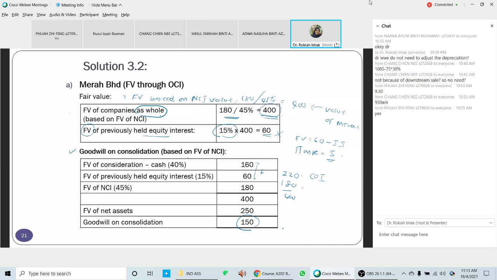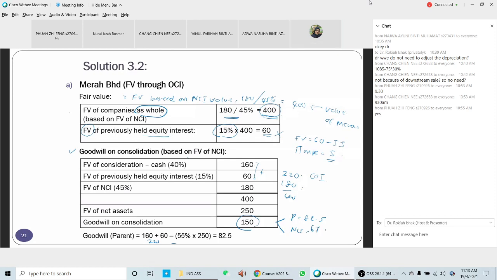From the 150 here, you're going to allocate the goodwill for the parent and also the goodwill for the NCI. For the parent, you have 220 minus the net identifiable asset, 55% times 250. You're going to minus that amount, so altogether you're going to have 82.5. So for the parent it will be 82.5. And for the NCI, the difference is 67.5.